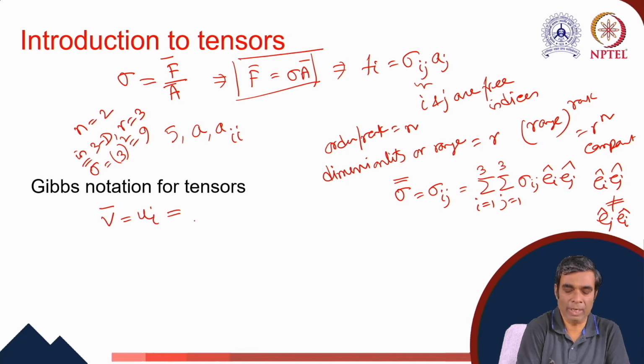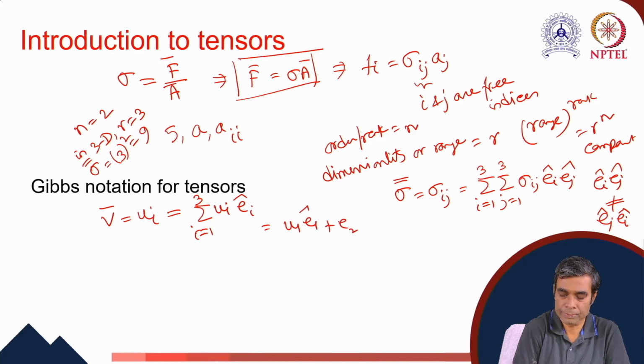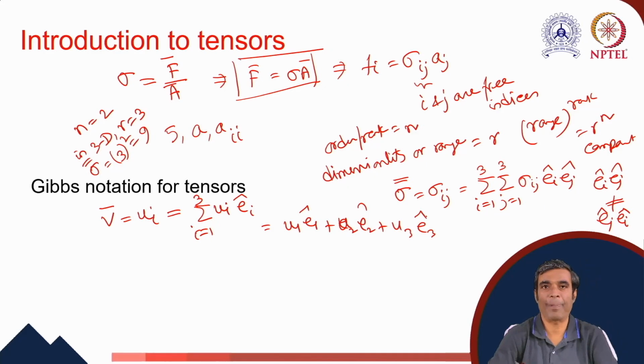Using this Gibbs formulation, we can write it as summation over i equals 1 to 3, Ui ei cap. So we can write it as U1 E1 cap plus U2 E2 cap plus U3 E3 cap. Here E1 cap, E2 cap, E3 cap form a basis in 3 dimensions. They are unit vectors and they are linearly independent.